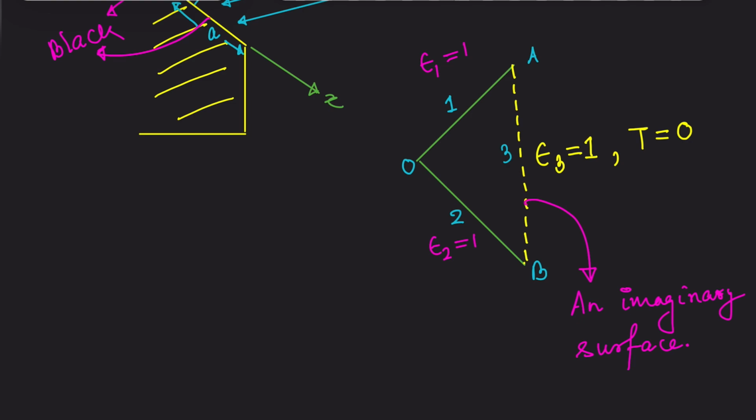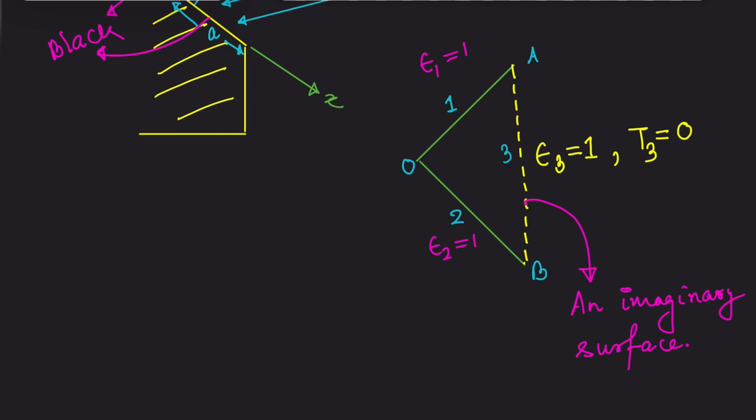So you should keep in mind the logic behind taking this. This is very important, because problem to problem you should have that mentality in your mind, of how I can make an imaginary enclosure. You cannot take any imaginary additional surface like anything. You should have that much logical sense that this is the practical problem. That is why I am taking epsilon 3 equal to 1 and T3 equal to 0.